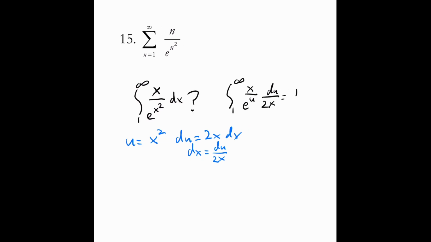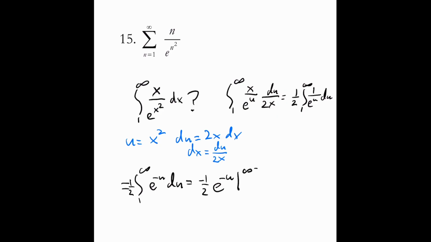So our integral, we can pull the 1/2 out. x divided by x cancels. So this is 1 over e to the u du. And don't forget, having that in the denominator is the same as just having a negative exponent. I forgot to write 1 to infinity. So this is just e to the negative u du. And we did this a little bit ago, I think, right? -1/2 e to the negative u, evaluate as x goes from 1 to infinity.